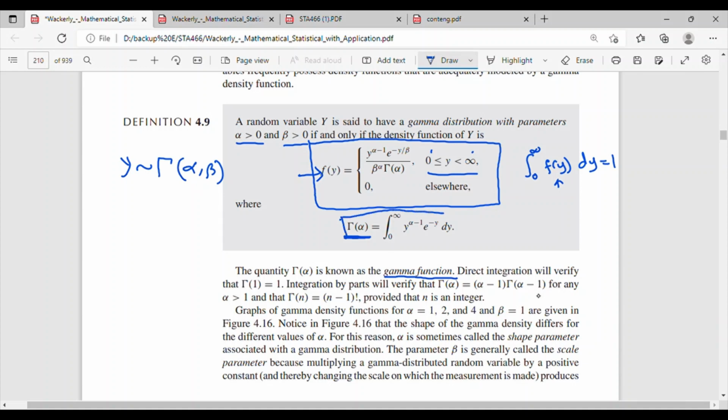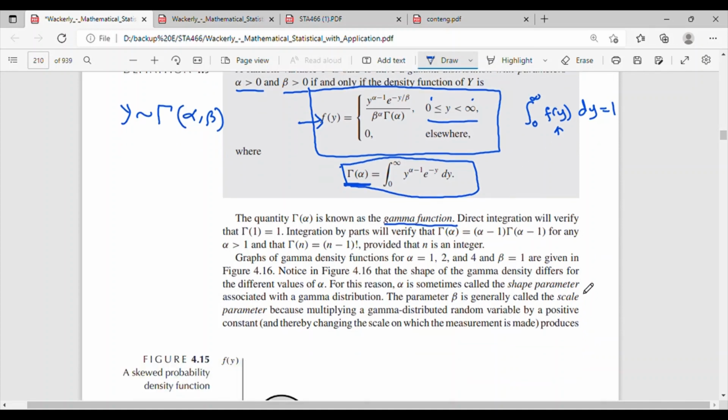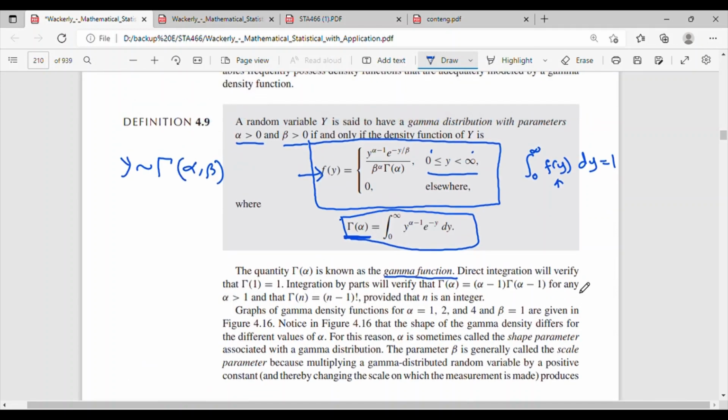You should also know that gamma of 1 equals 1. All of this you will use later when we derive the MGF, the mean and also the variance.